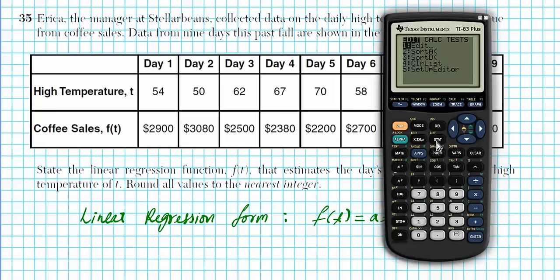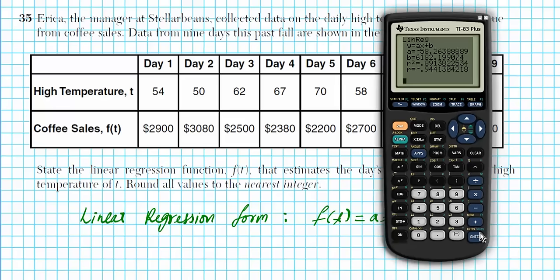I'll go back to stats, and then I'm going to go to the calculate option, and then calculate linear regression of the form ax plus b. Okay? There's another expression here, a plus bx. So please pay close attention to the format you're using, or else you're going to ruin the result. So we're going to use this format right here, ax plus b. All you do is just press enter. It calls up the linear regression calculator. Press enter again. Bam, there goes your answer.